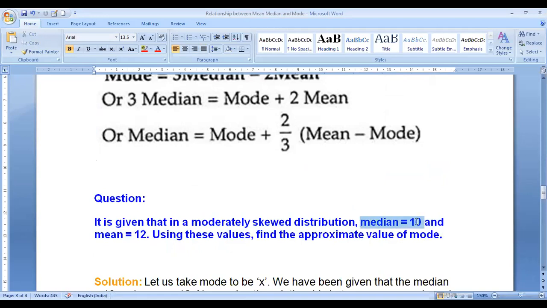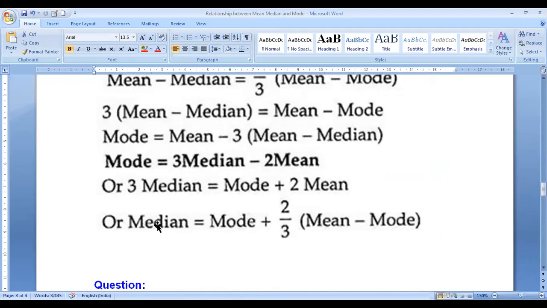They have given the median value and mean value, but we need to find the mode. How can we find it? Here there is a formula: mode is equal to mean minus 3 into mean minus median.